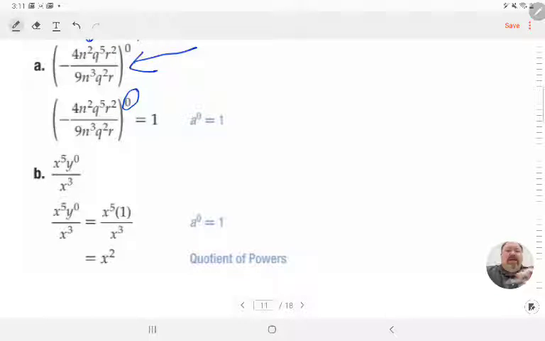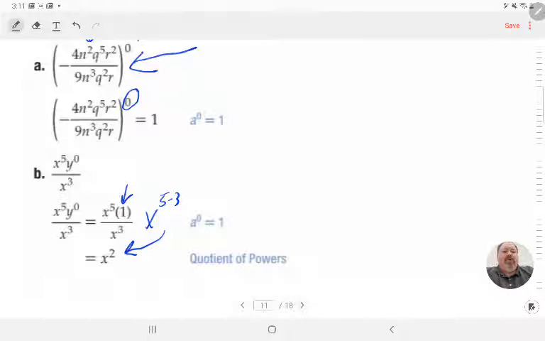Now in B, we have x to the 5th power, y to the 0 power over x to the 3rd power. Well, y to the 0 power is just 1. So that gives me x to the 5th power over x to the 3rd power. 5 minus 3 is going to give me x squared.